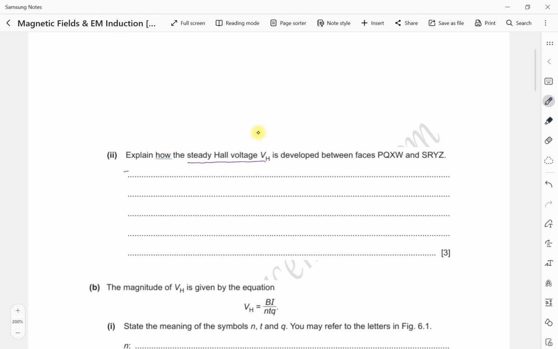So the magnetic force on charge carriers is perpendicular to both the magnetic field and the current.